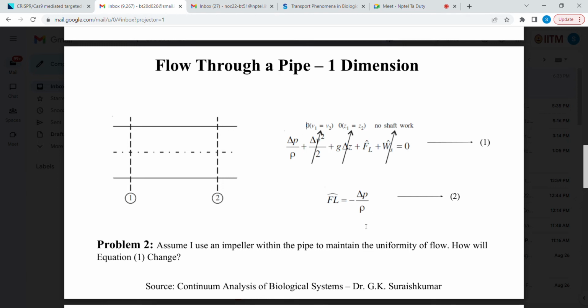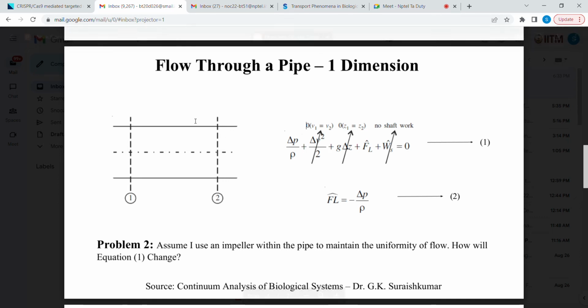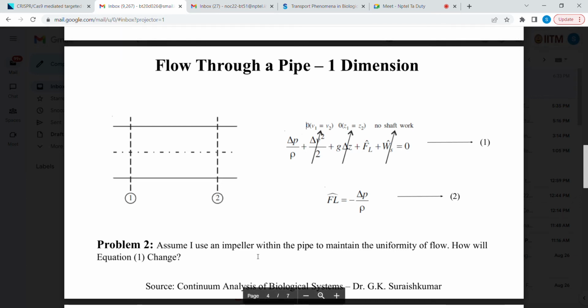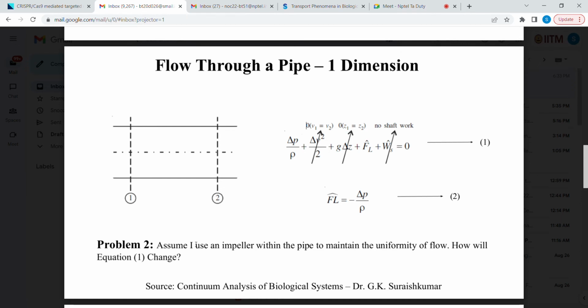Before we do that, I have a question for you. In this volume element, or this aerial element, assume I use an impeller within the pipe to maintain the uniformity of flow. To keep V1 equal to V2, I need to put an impeller here and circulate the fluid.